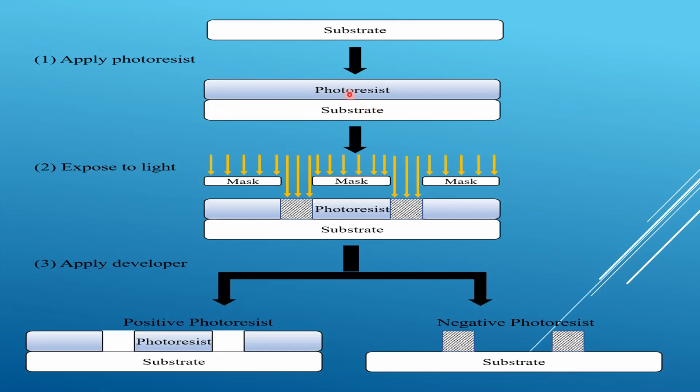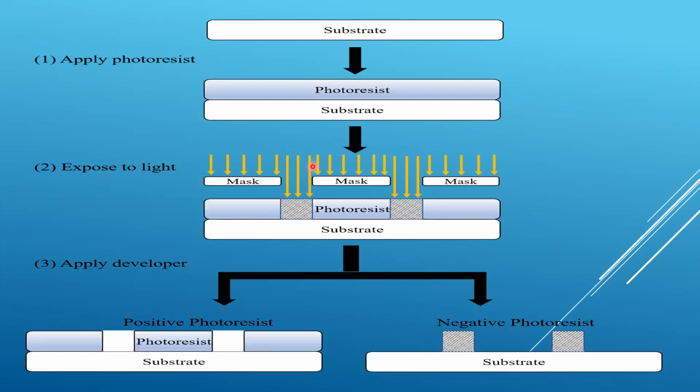Now we have coated the photoresist on the substrate, that is done. Now the mask, what is a mask? Already I have explained. A mask is placed between a resist coated substrate and the source of light. This yellow one is the source of light. As it is photolithography, the source of the light is UV light, ultraviolet radiation.